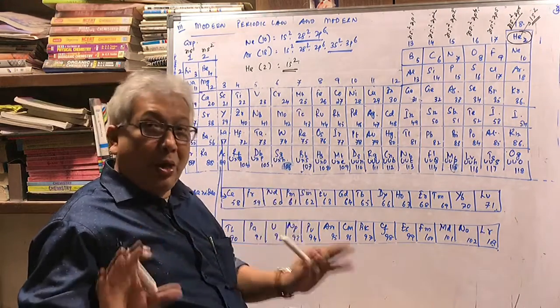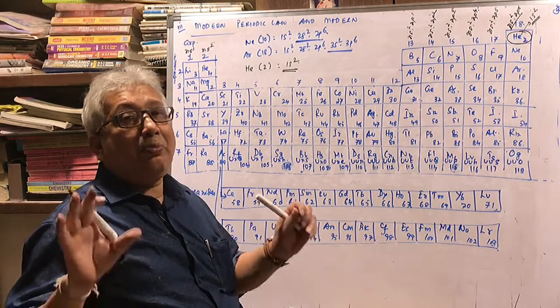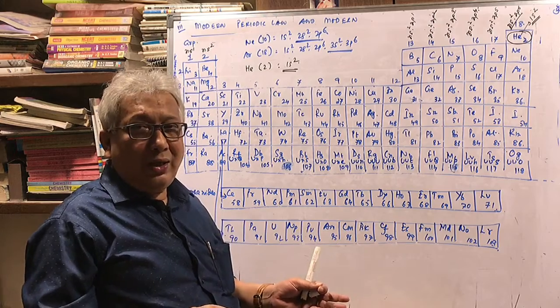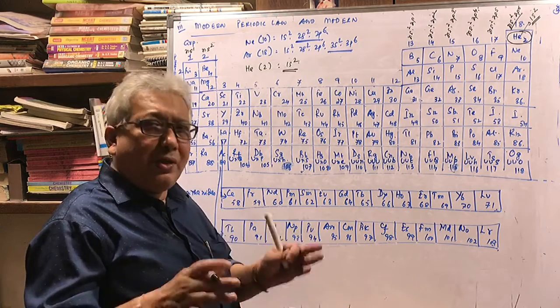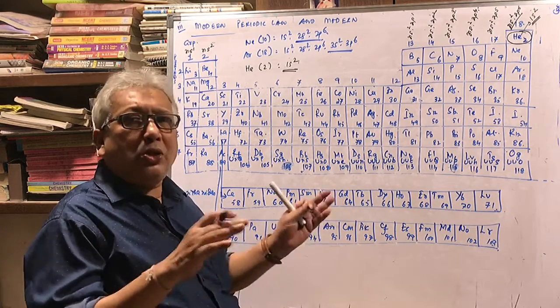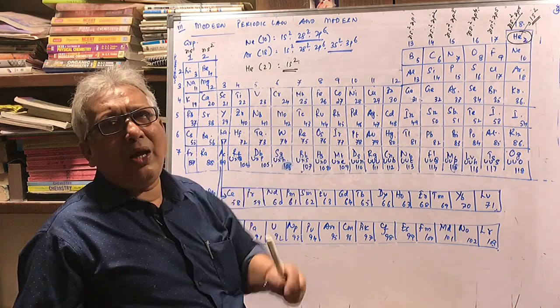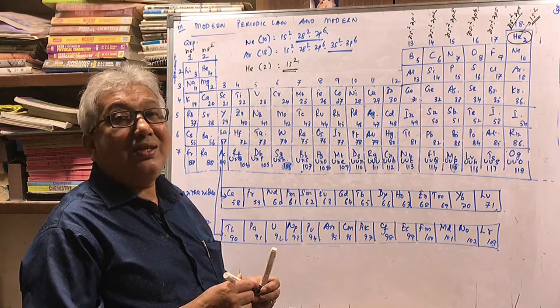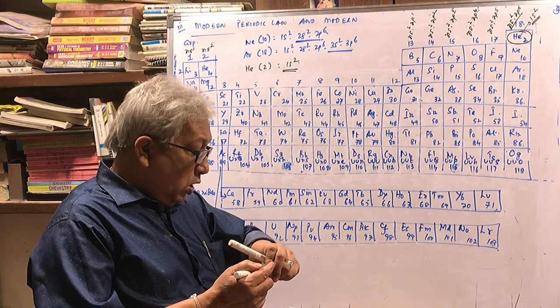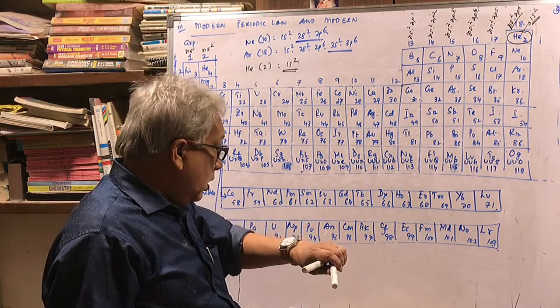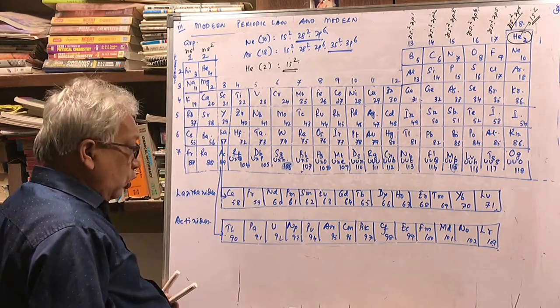So remember, the focus of making the periodic table is to classify the elements on the basis of the similarities. And it so happens similarities depend upon the common outermost electronic configuration. Therefore, by and large, the classification has been done on the basis of the similarities in the outermost electronic configuration. Is that okay, children?